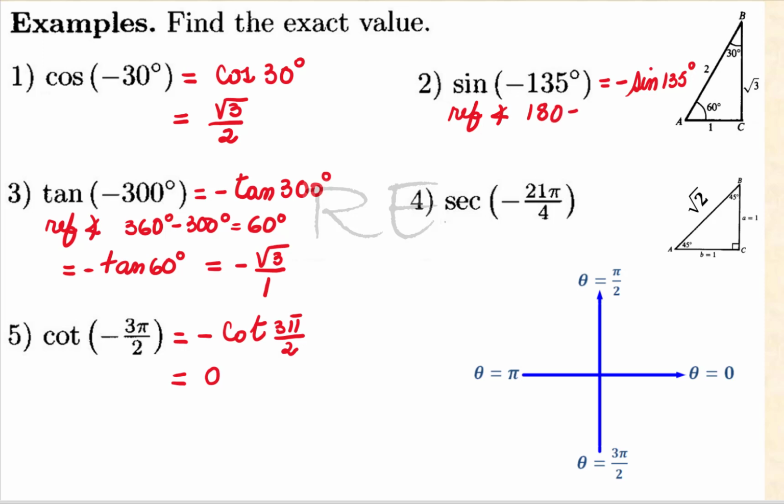The reference angle for 135, in the second quadrant, is 180 minus 135, which is 45 degrees. Negative sine 45 degrees is equal to negative square root of 2 over 2.